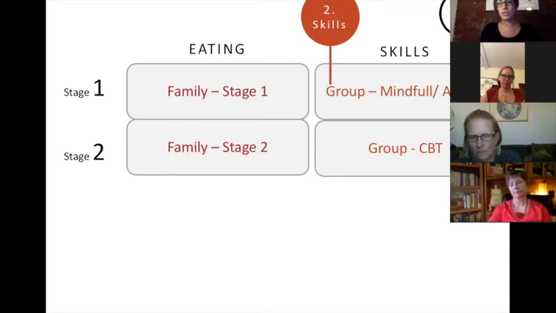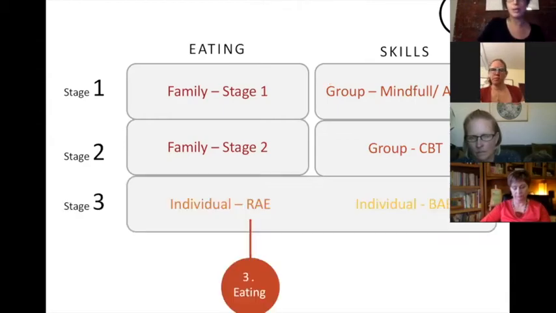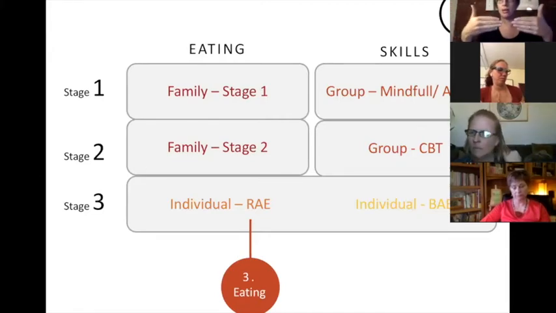Once weight restoration is achieved and patients are able to identify negative thoughts and they've developed some skills, we have a CBT group. So at that point, we introduce thought records, the kinds of negative thoughts, disputing negative thoughts, and the like.